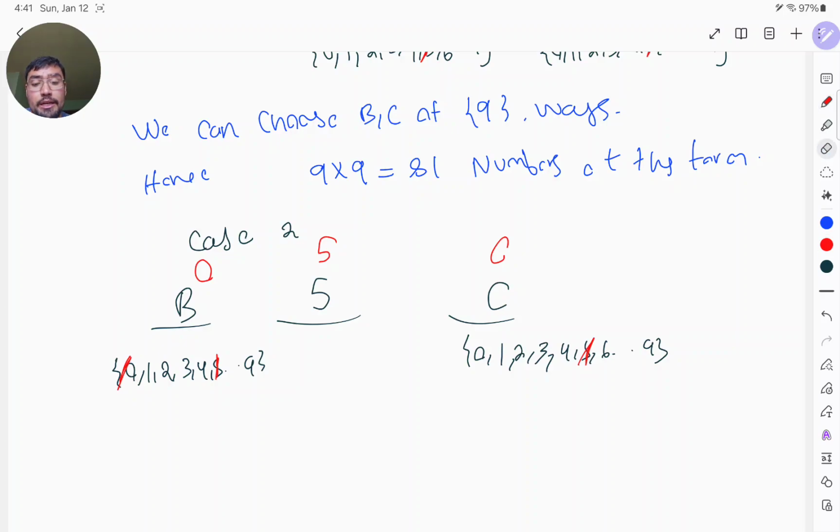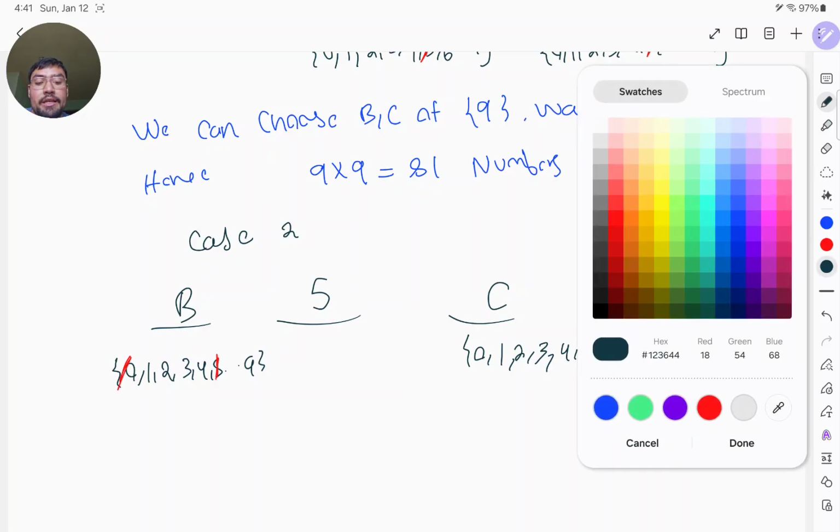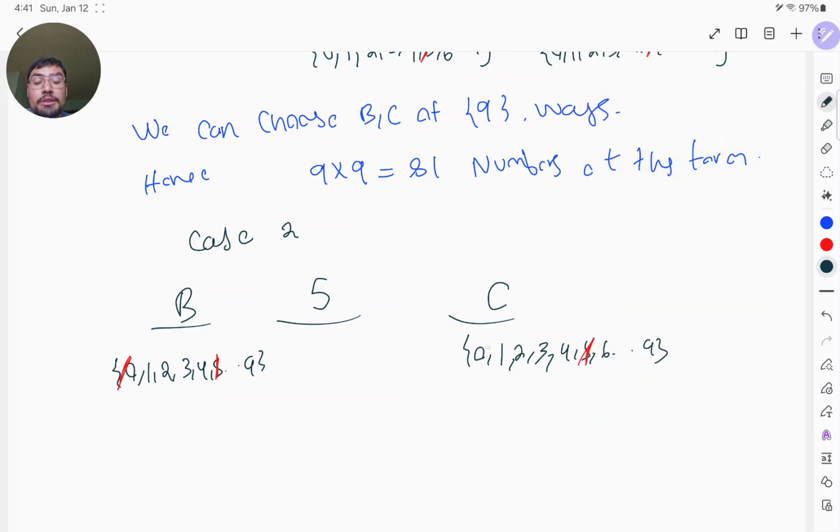But if b is not 0, c definitely can be 0, because, for example, a number like 7, 5, 0 is a valid number of 3 digits. So we cannot remove the 0 option for c.